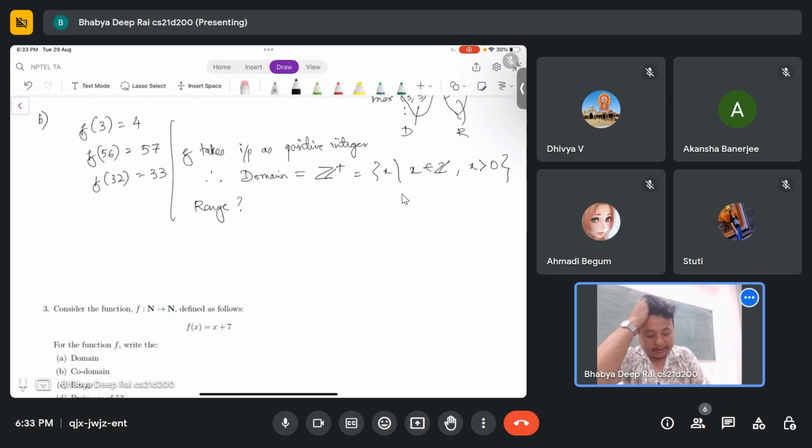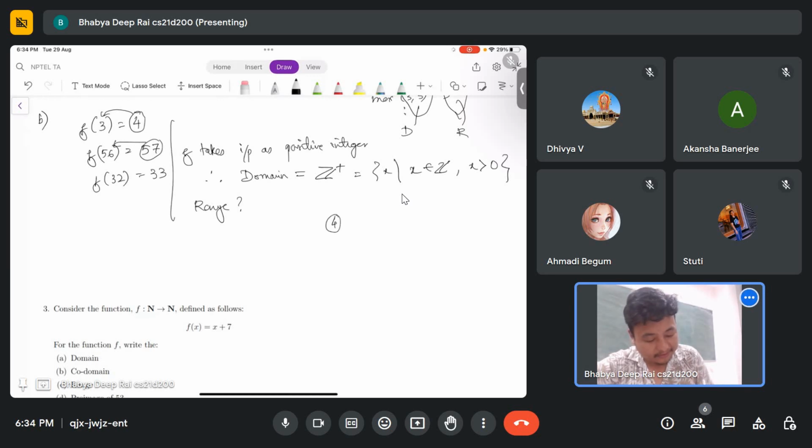Now see, if I take any output of the function, I can go back to the input. For example, if I am given 4 and I ask what the input was such that f gives 4, I can do 4 minus 1 and get 3. Similarly, I can do 57 minus 1 and get 56.